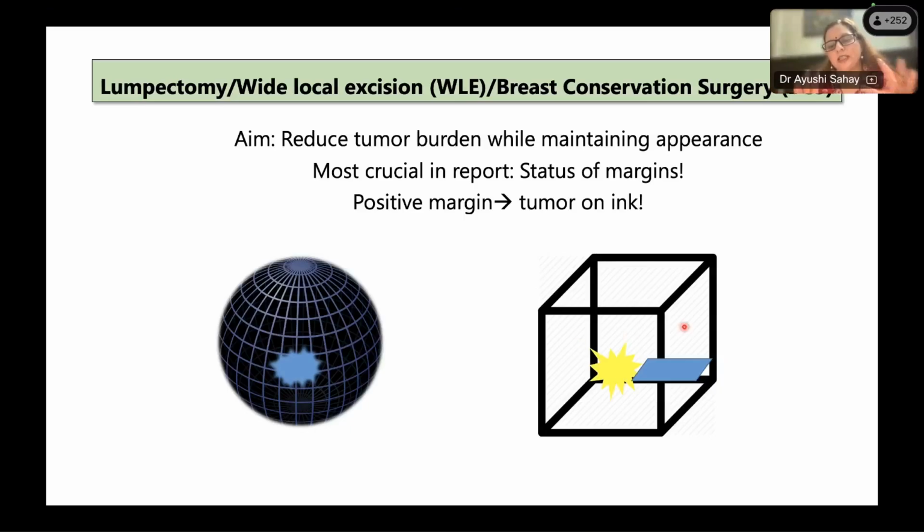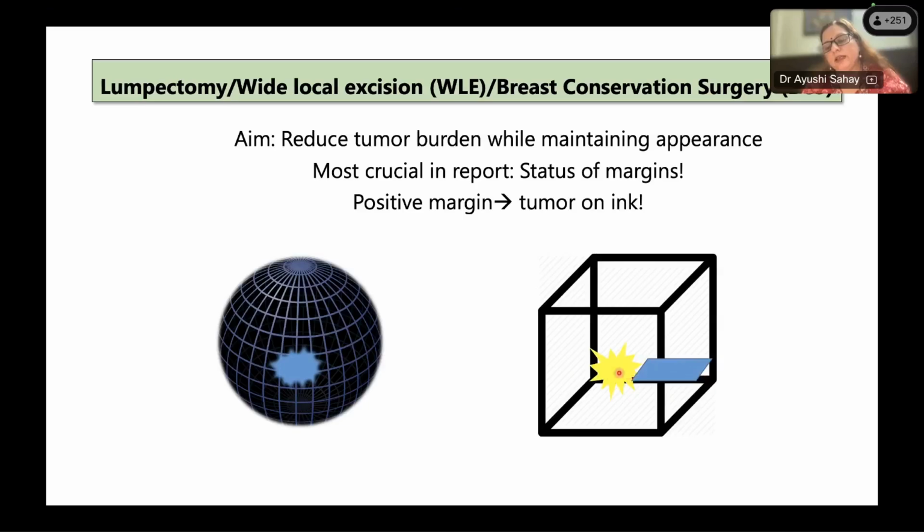So we imagine the specimen of wide excision like a cube with the tumor at the center, and we take 6 sections that are representative of the closest area from the tumor to the nearest margin, what is known as a radial section.